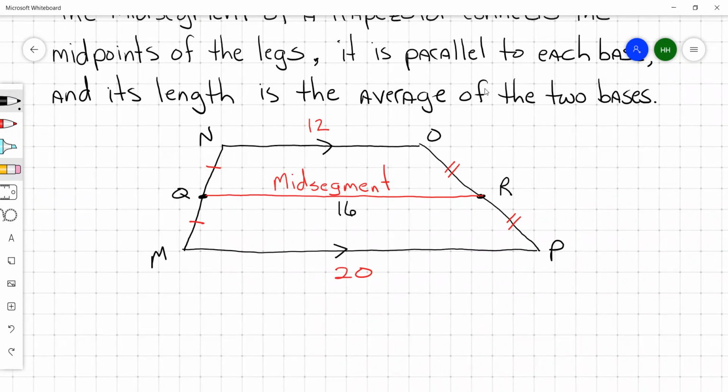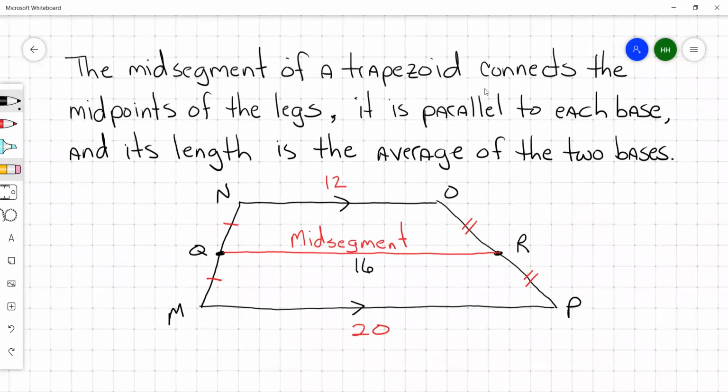All right, so those are your rules related to the mid-segment. It connects the midpoints of the legs. It is parallel to each base, and its length is the average of the two bases. All right, so if N to Q is 4, Q to M would be 4 as well.